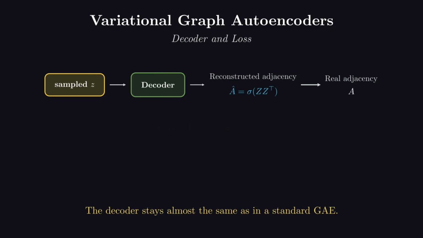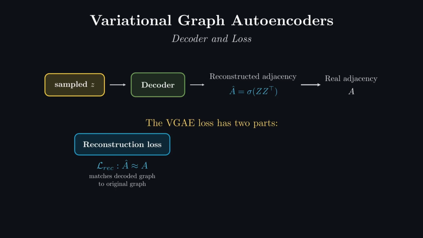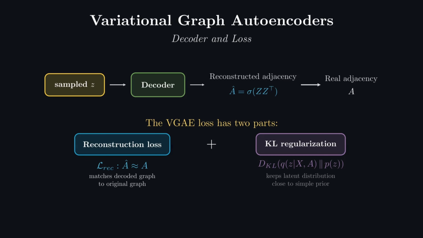But VGAE adds one more term, the KL regularization. The KL term keeps the learned distributions close to a simple standard normal prior. I also have a separate shorts video where I explain the KL term more intuitively. So the VGAE loss has two goals: reconstruct the graph well and keep the latent space smooth and organized.